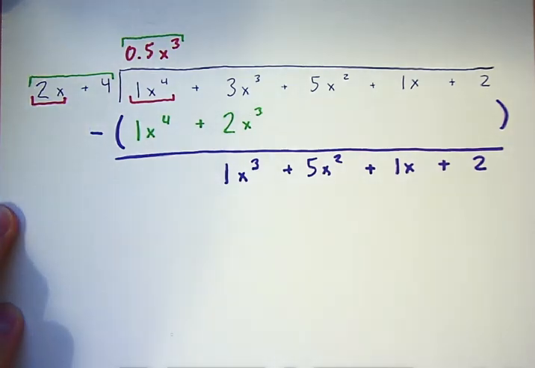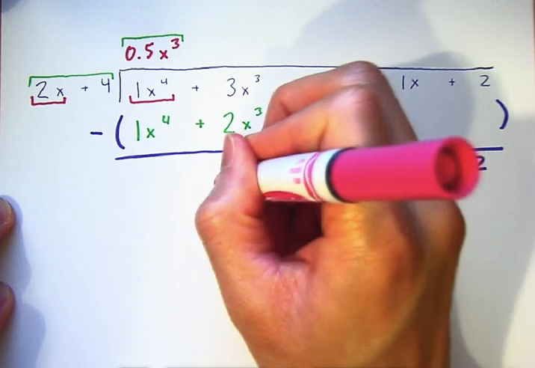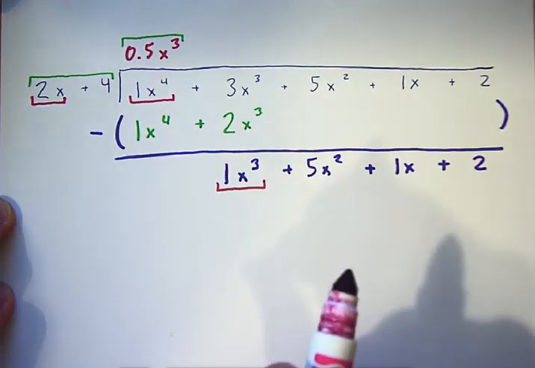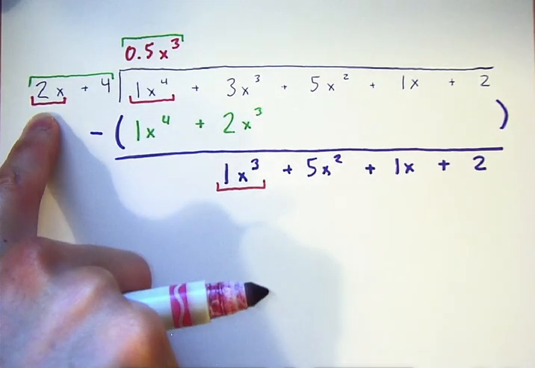Okay, so let's repeat. Back to using red, we're going to divide. Once again, I am dividing the first term in my dividend by the first term in my divisor.